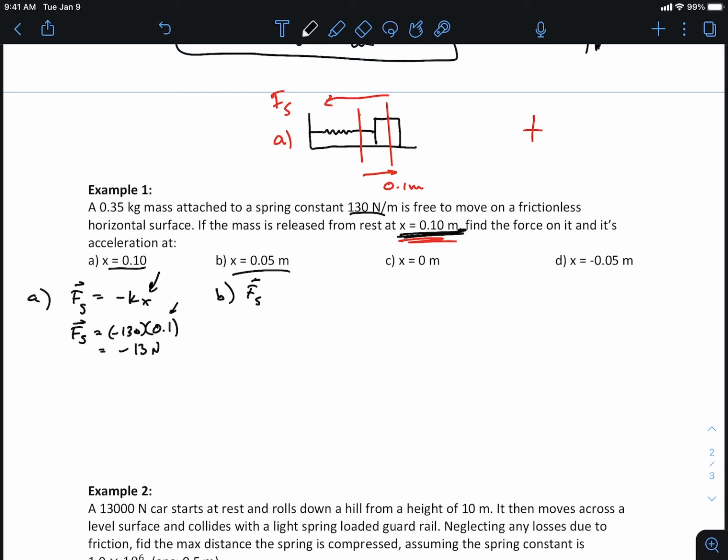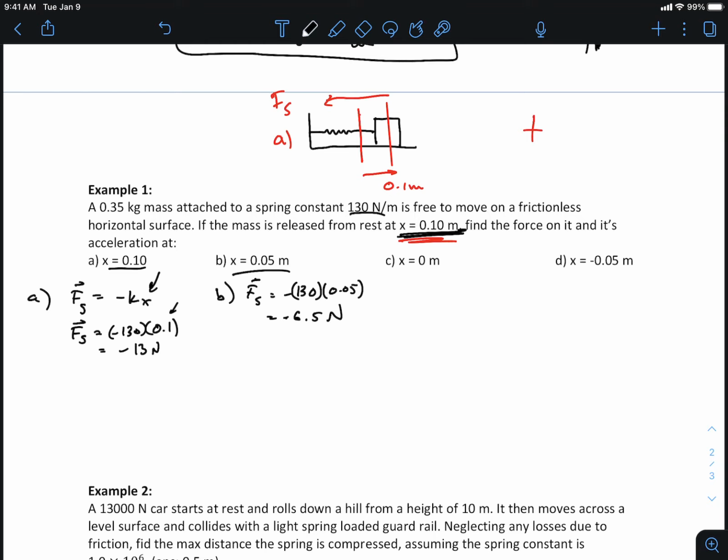So I'll do that just to prove that it is the case. Negative 130 multiplied by 0.05, right? If you type that in, 0.05 times 130, we see negative 6.5 newtons. That's half of this.